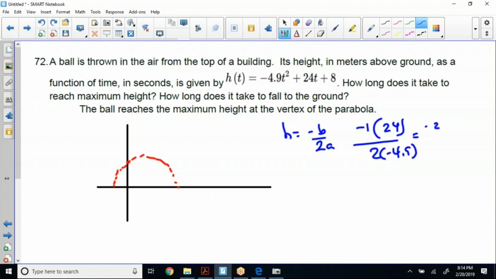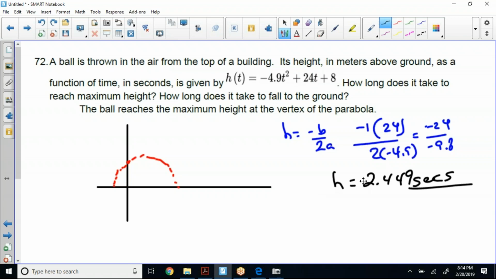And that's going to give me negative 24 over negative 9.8, right? It's going to give me a time that's positive, right? What's 24 over 9.8? 2.449. Okay, good. Or 2.45 if they round it. So that's how long it took to get up there.